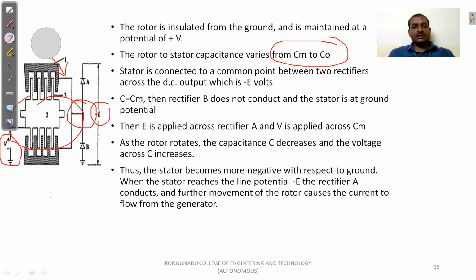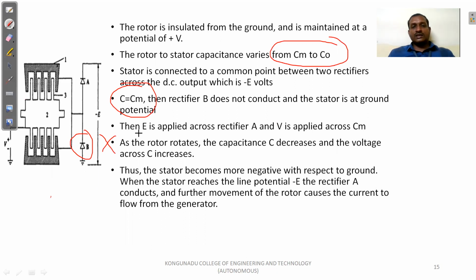So the rotor is insulated from ground and maintained at a potential plus V. If C is equal to Cm, then rectifier B does not conduct and the stator is at ground potential.